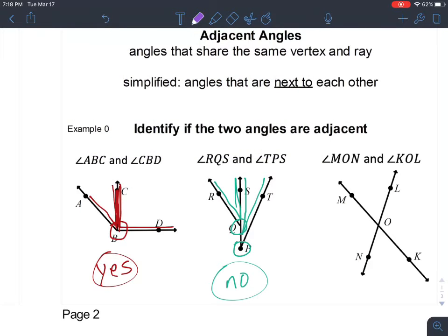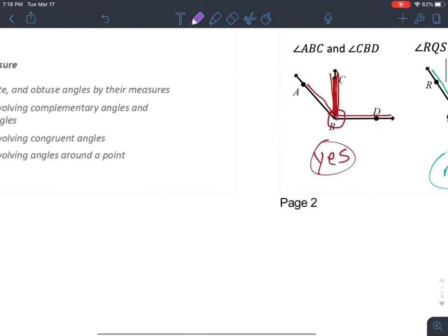And then for the last one, we have MON and KOL. These angles do share a vertex, however, they do not share a ray. So these also are not adjacent angles. Only the first example on the left is a case where we had adjacent angles.